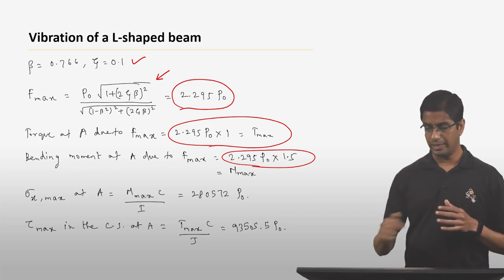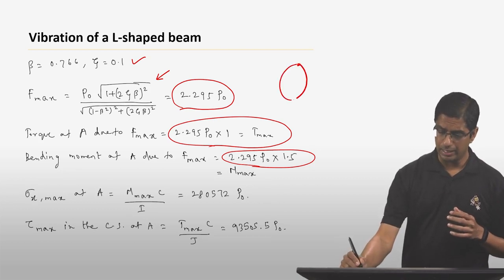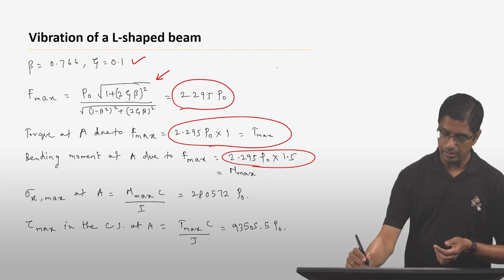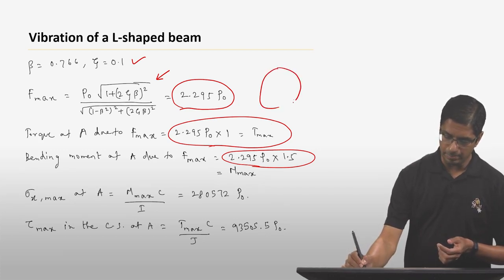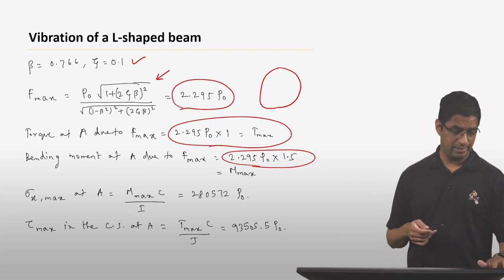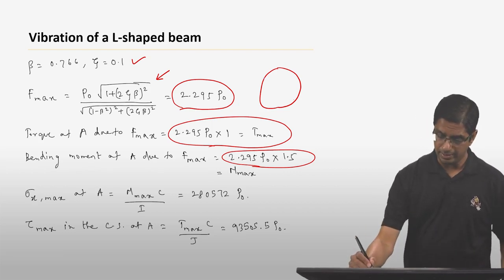To be a little more clear, if you look at this cross section at A, some point in it is going to have the maximum bending stress. Let's say that point is here.